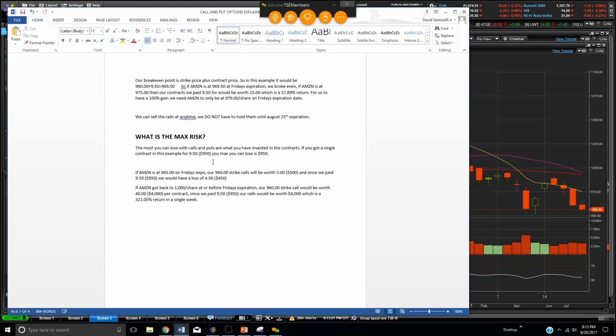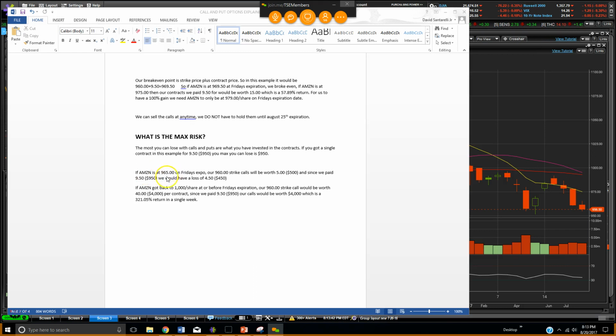So that's the beauty of just calls, puts, and debit spreads: you have a set amount. You can't lose any more than that, and you have unlimited potential for gains. And as you see on our performance page, which we'll go over later on, you'll see some of the returns that we have.